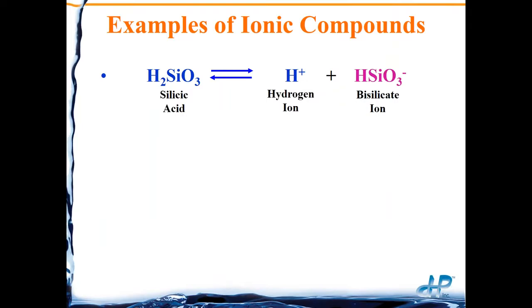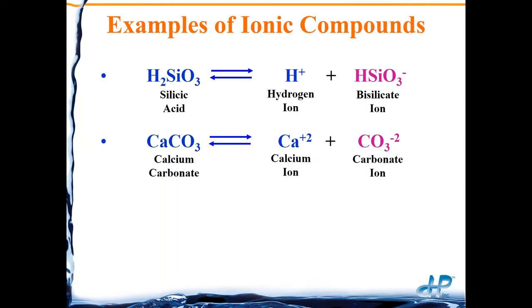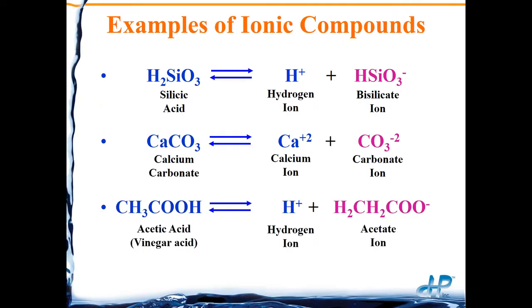So in this reaction here, we see silicic acid. Well, silicic acid is a weak acid, so it is mainly not dissociated, which would mean it was uncharged. So a conductivity meter would not measure silicic acid, but the little bit that ionizes, the bisilicate ion, would be measured by a conductivity meter. The same thing, calcium carbonate would be uncharged, but when it dissociates into calcium plus carbonate ions, then the calcium and carbonate ions would be measured by a conductivity meter.